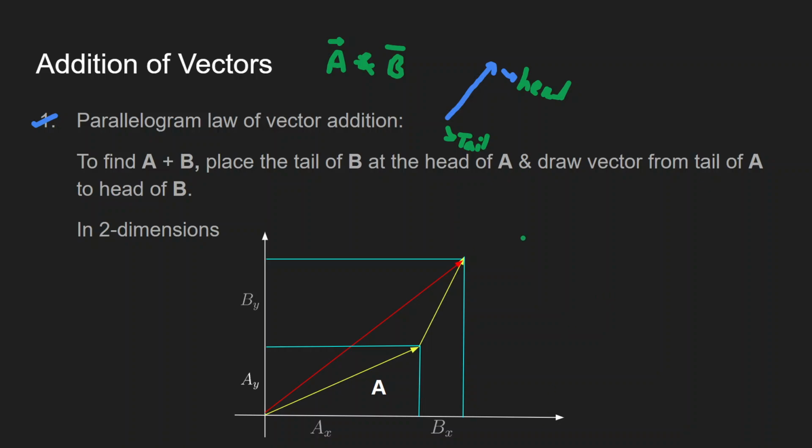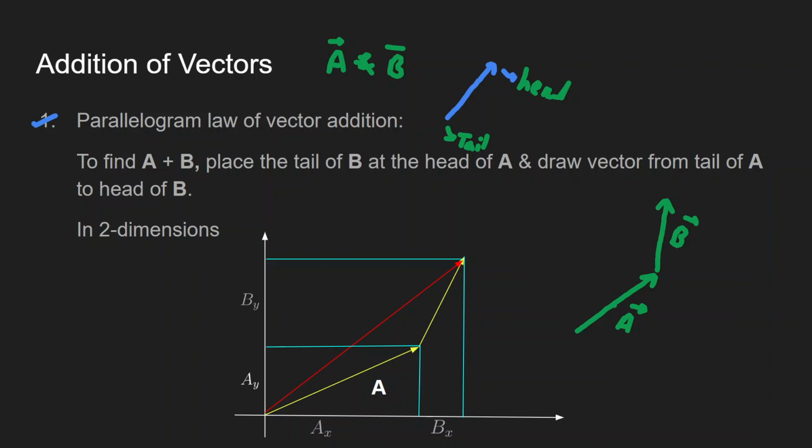Now if I draw this vector A like this, and I want to add A and B, I will take B and place the tail of B at the head of A. This is how we will draw.